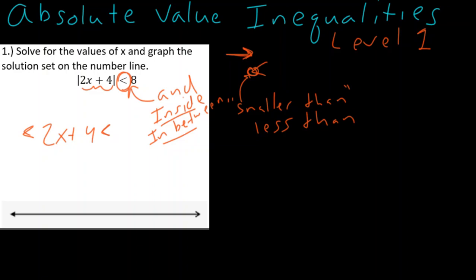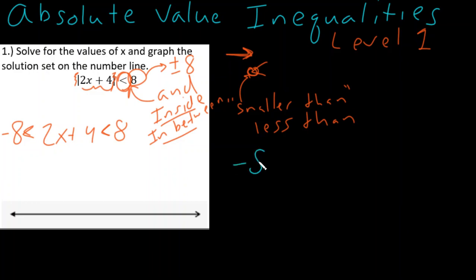Now, one thing that we have to remember is that when we take away our absolute value bars, whatever is on the right, in this case the 8, has to become plus or minus 8. And it only makes sense for us to say the negative 8 is on the left and the positive 8 is on the right. Now from here, we can simply solve for x. Let me go ahead and write this off to the side.